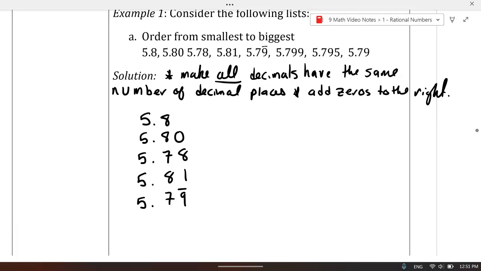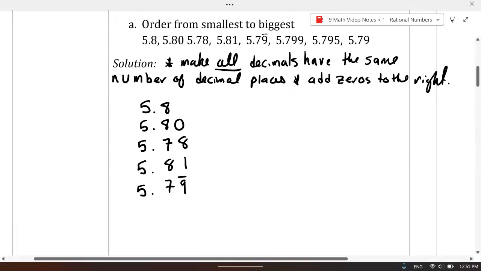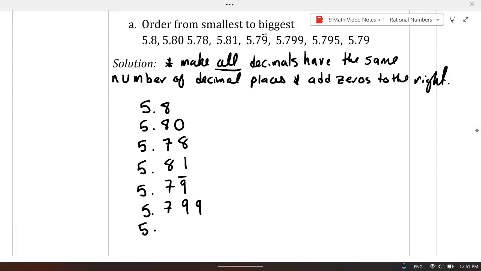We're going to have fun with that one. I'll come back to that in a bit. 5.799, 5.795, and 5.79. So I've kind of lined up everything.